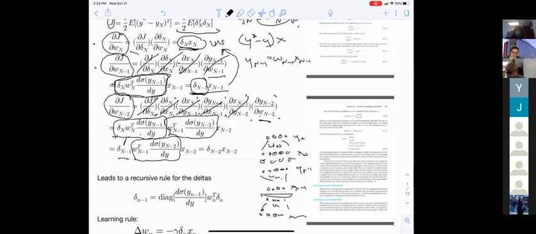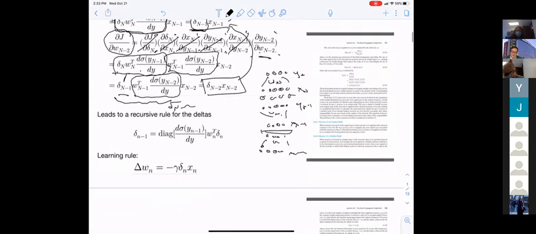And now maybe I'm going to call this whole thing delta n minus 2, because then I get, again, back to the same form of the LMS rule. So this is where the recursion comes from. Now you get the sense that I can define delta n minus 1, delta n minus 2 in a recursive fashion.